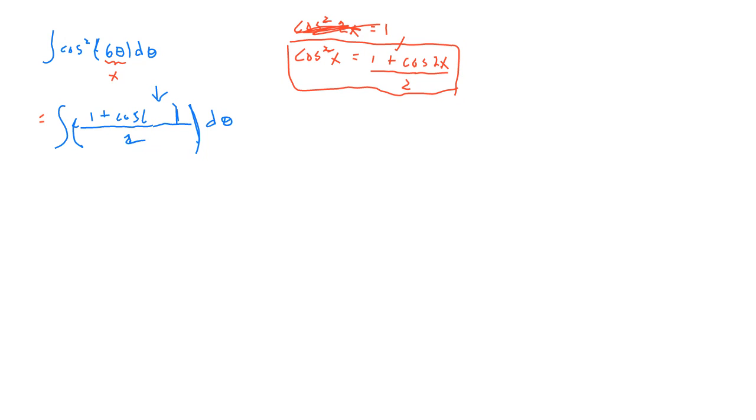What angle is going to go in there? Well, it's 12 theta. That's right, Gabrielle, because you have 2x here, and x is 6 theta. So this is going to be 12 theta.